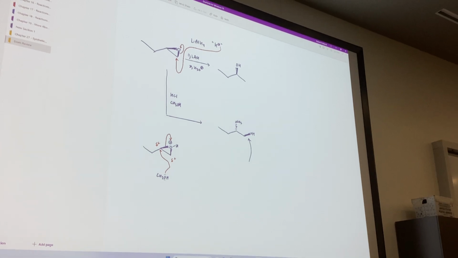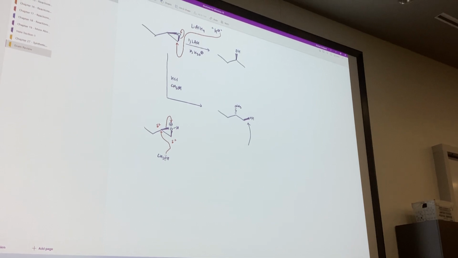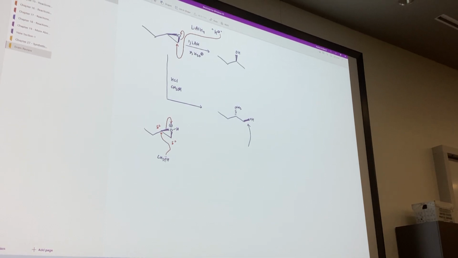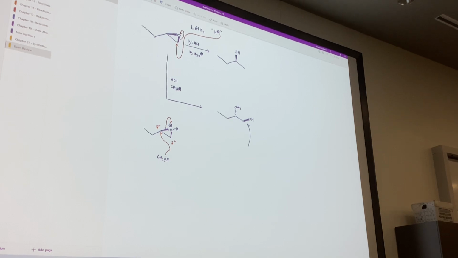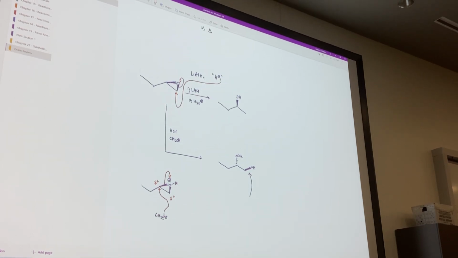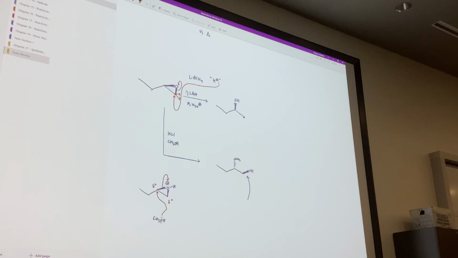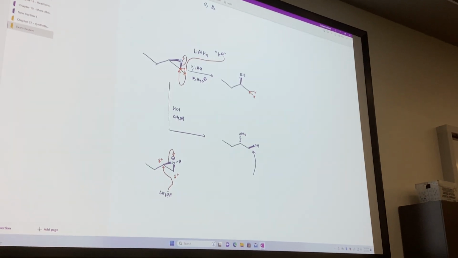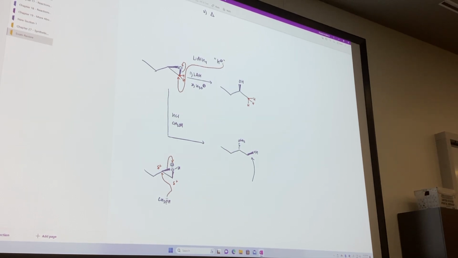So instead of using LAH, couldn't you just use NaOH, H2O? Not to get just one alcohol, right? Because if we used hydroxide, that would place, so let's think about it, it's a good question to ask because we're looking at this position right here, and we say there's how many hydrogens there right now? There's 2 of them. When we look at that same position here, 1, 2, and 3, one of those is coming from the hydride, right?